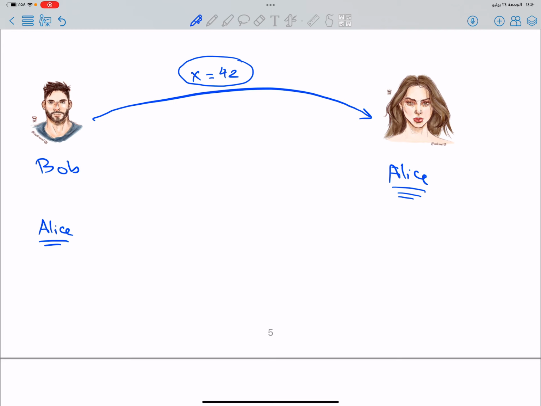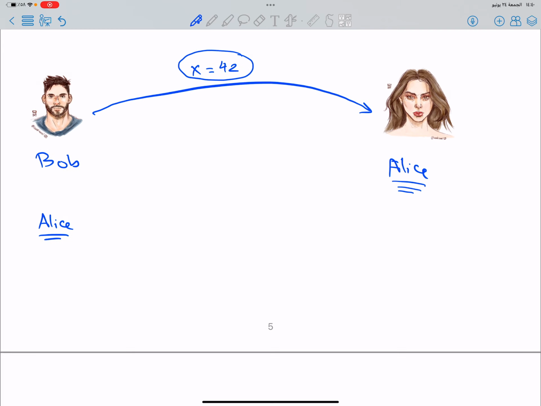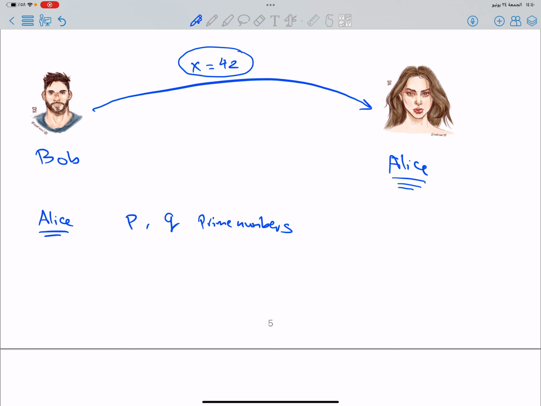Alice should choose two prime numbers, let's suppose P and Q. These are prime numbers. For example, P equal to 11, Q equal to 13. This is what Alice chose.